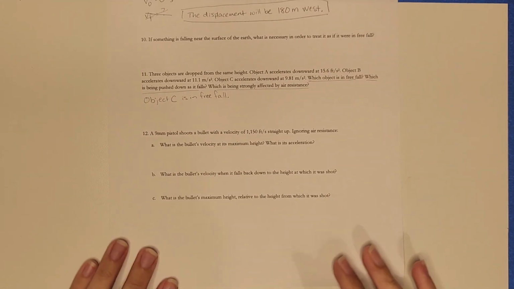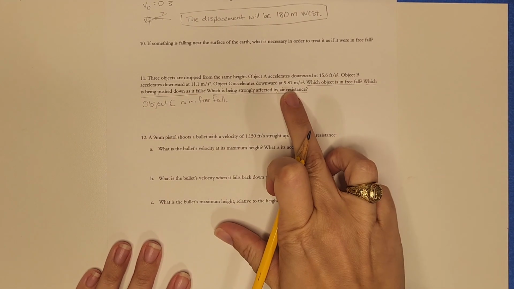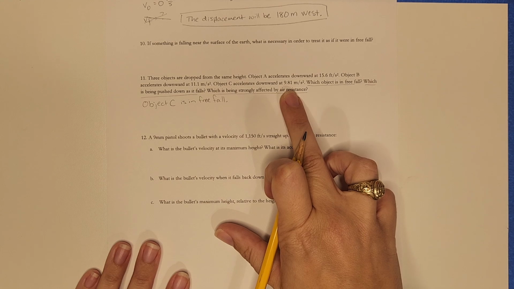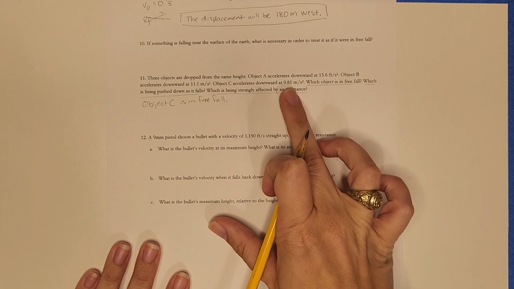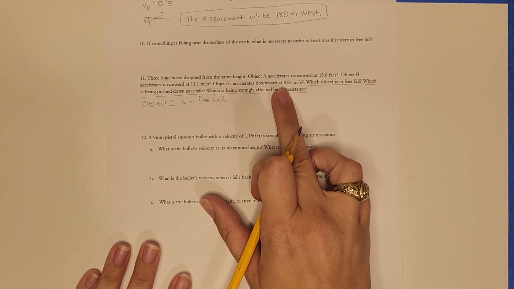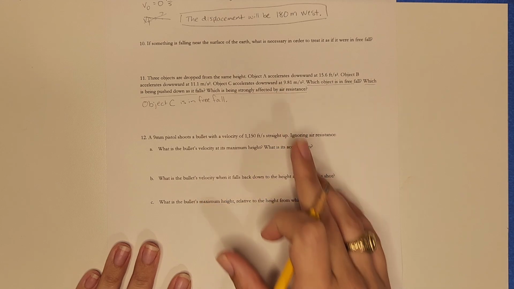If something is accelerating faster than this, that means something else is helping it to fall down faster. If something is accelerating more slowly than this, then it is encountering air resistance.